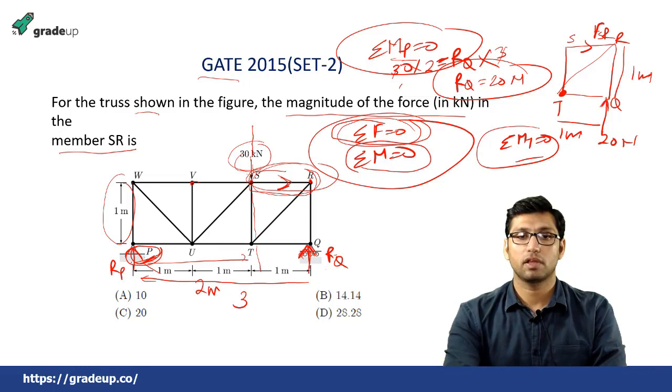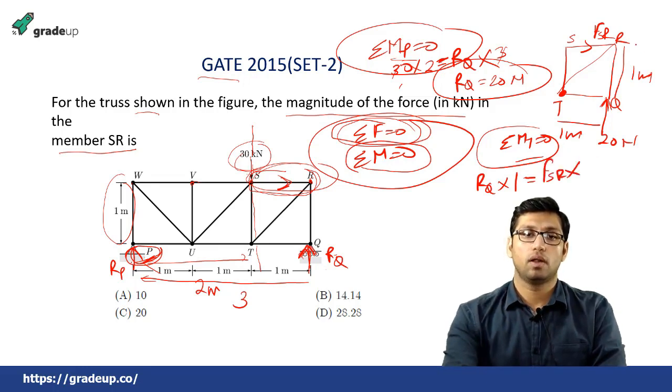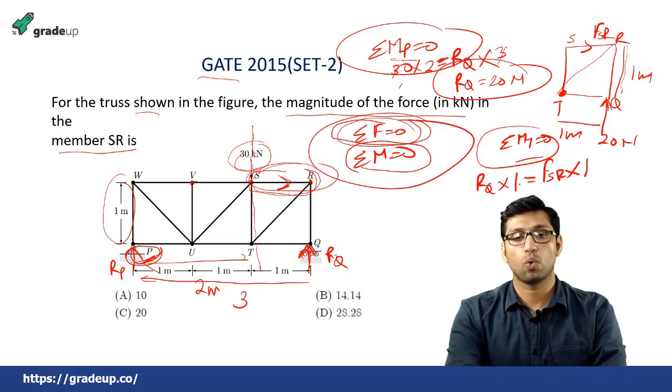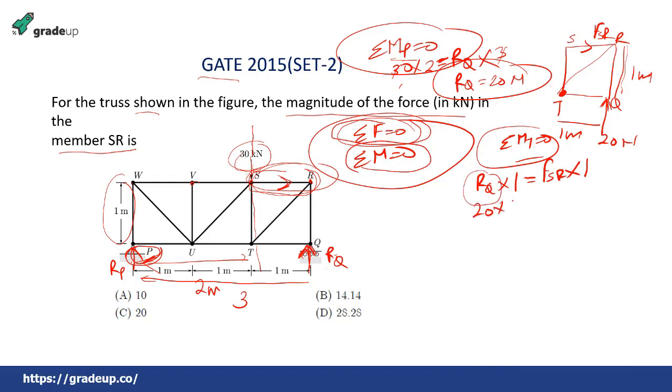That means the force RQ into 1 will be equal to FSR into the perpendicular distance, so FSR into 1. RQ is equal to 20, so 20 into 1 equals FSR into 1. From here you can get the force in member SR, which will be equal to 20 Newton. So this was the method of section.